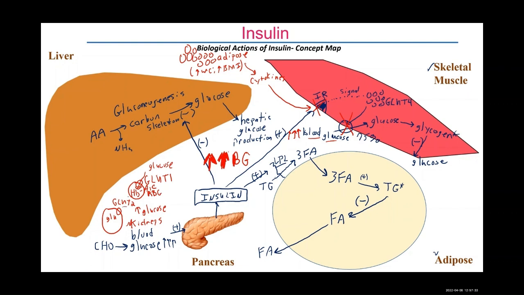And then, of course, that's going to lead to advanced glycation end products. And when you get the advanced glycation end products, then what do you get? Then you get neuropathy, which is a kidney disease.